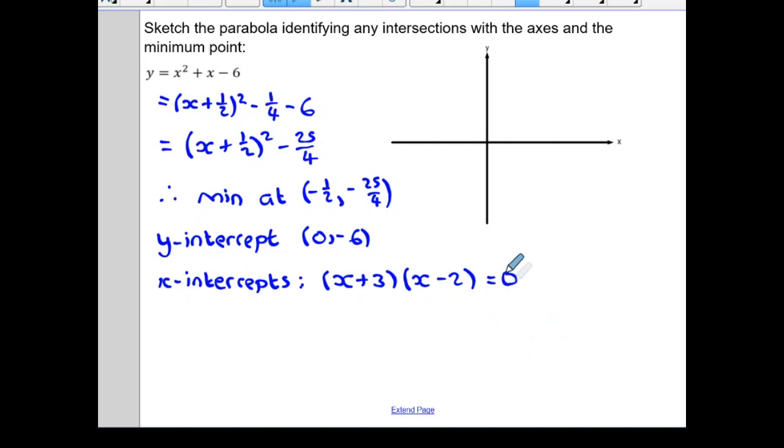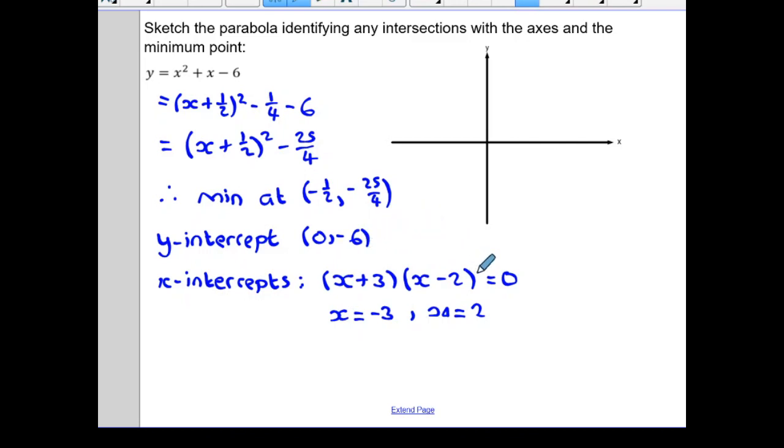So when this is 0, we've got x equals minus 3. And we've got x equals 2. So we've got all our information now to sketch it.